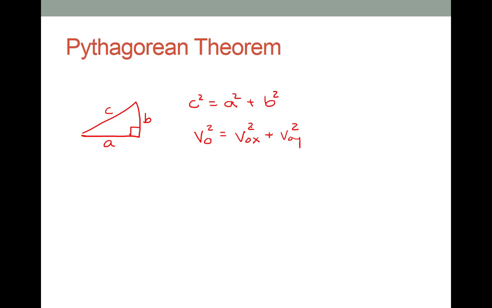But what if I don't know the edges of the triangle? What if instead I know one edge and an angle? In that case, what I have to do is use the trig functions. So for the trig functions, again, we have a right triangle, but we give the sides different names.